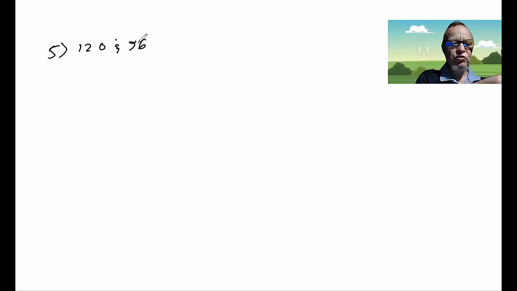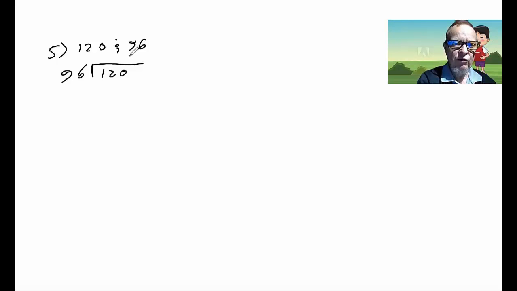I'm going to divide the smaller number into the larger number. That means I'm going to divide 96 into 120, and I see that it only goes in once. So I'm going to put 96 down here, and I'm going to subtract, and I end up with 24.